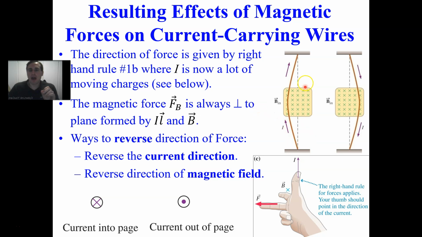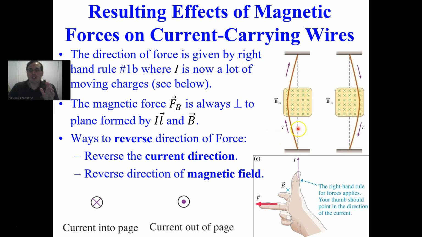So let's imagine this example. Previously we did qv cross B, where it was a single charge moving at a certain velocity. Well, electric current is just a chain of moving charges, all in the same direction. In fact, in the direction of the so-called length vector.